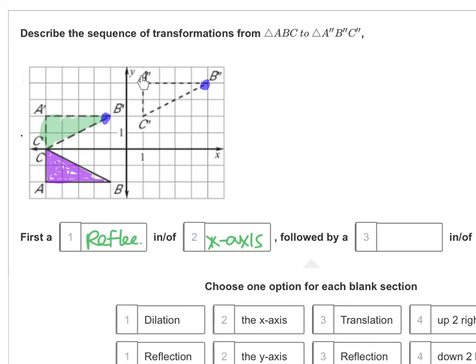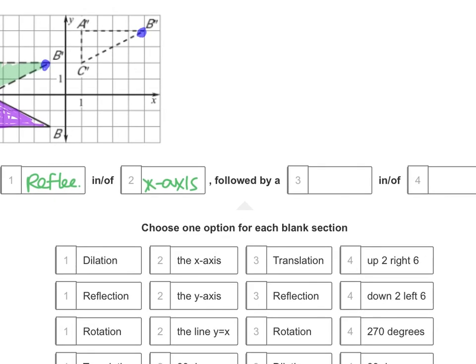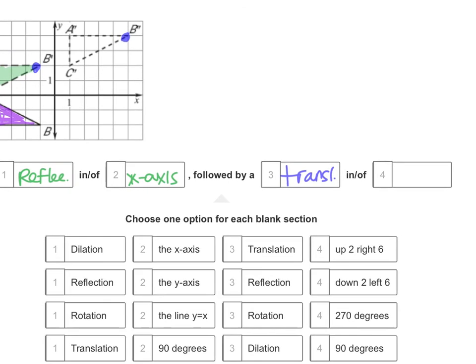Since we're sliding across our coordinate plane, this is called a translation of, remember we said we went up 2 and then right 6 to our B double prime.